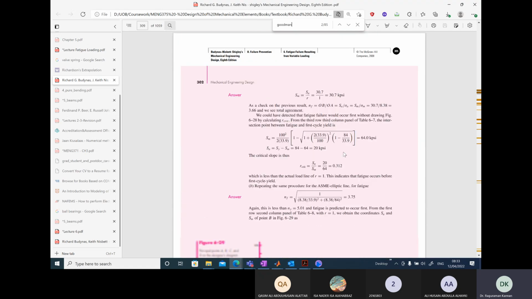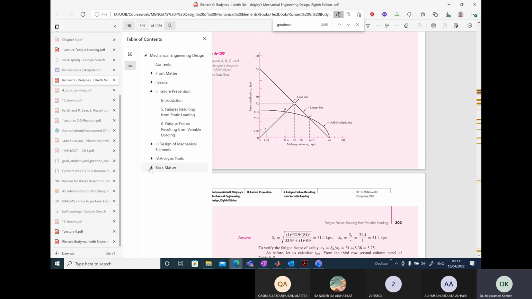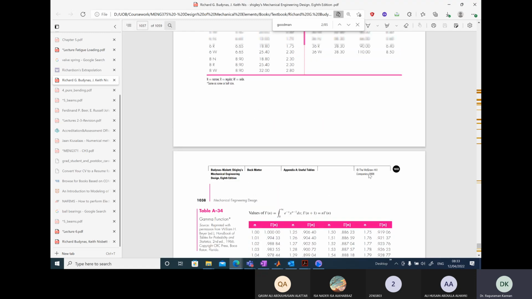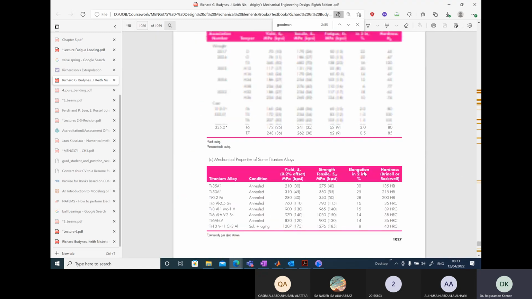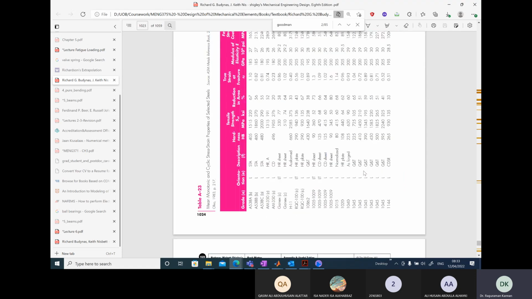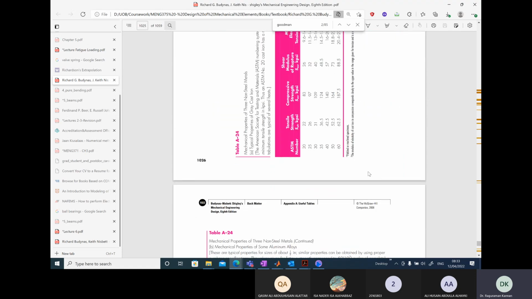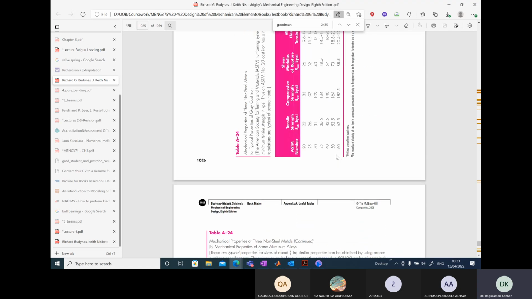Let's go to the appendix, Tables A23 and A24. This is aluminum, and grade 30, I think.